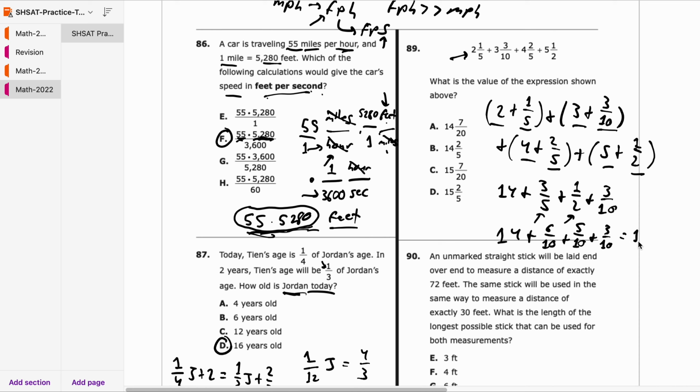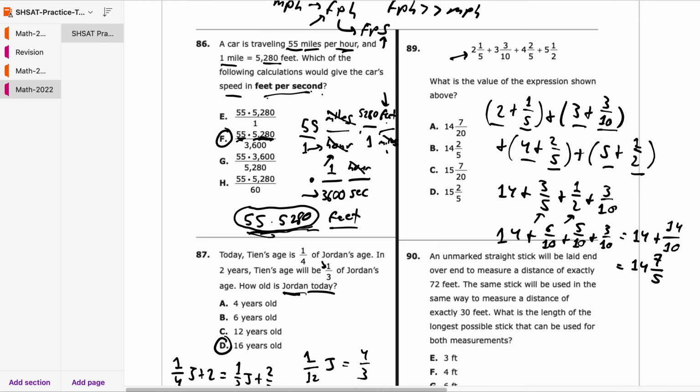And that's going to be 14 plus 14 over 10. And this is 14 and 7 over 5, right? Just dividing 14 over 10 by 2 on both sides.